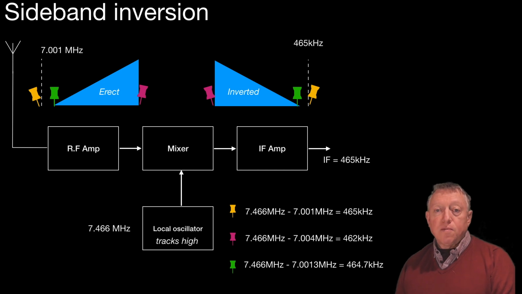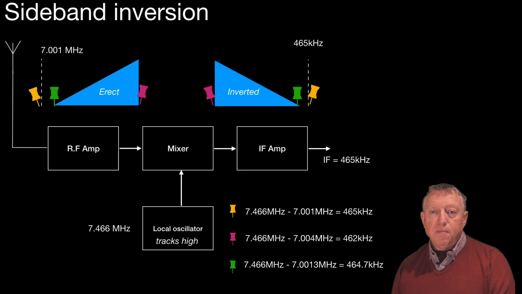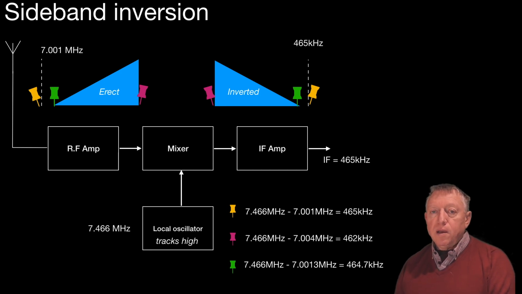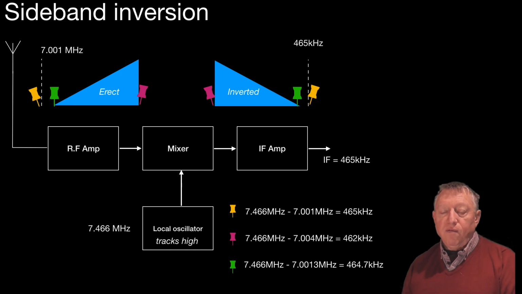So using this methodology, using the nominal frequency, the bottom of the sideband, and the top of the sideband, the extents of the sideband, we can calculate them by taking them through the mixing process and seeing where they end up at IF. Once we've done that, we can decide whether the sideband is erect or inverted, or if it was inverted coming in, whether it has become erect or remained inverted.